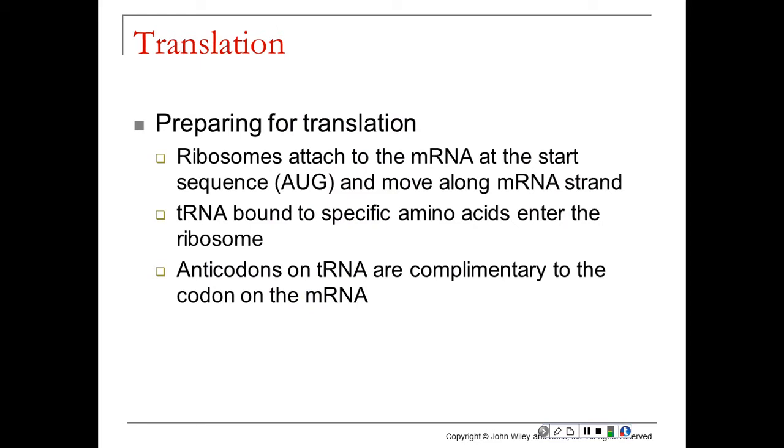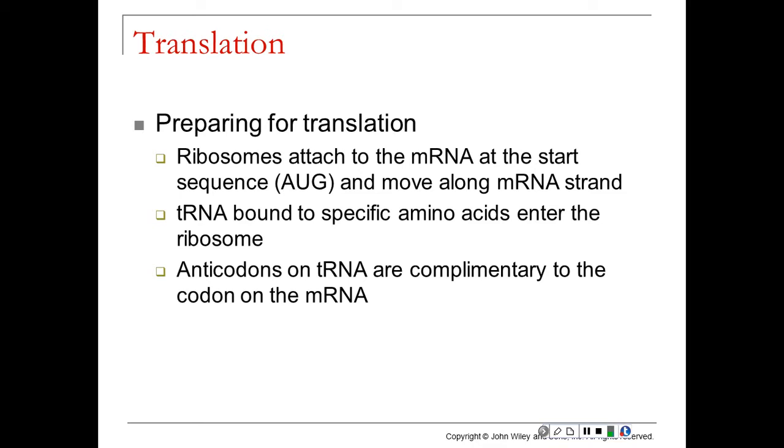The process of translation is when the ribosome begins to attach to the mRNA at the start sequence. The start codon on the mRNA is the AUG. AUG signifies the very beginning of this specific gene. That ribosome is then going to move down the mRNA strand, just like the RNA polymerase moved down the DNA strand.